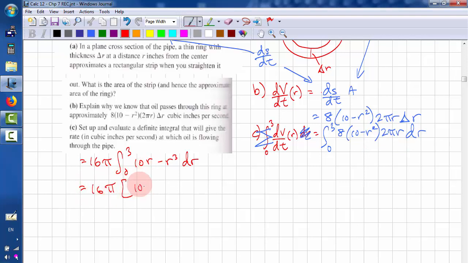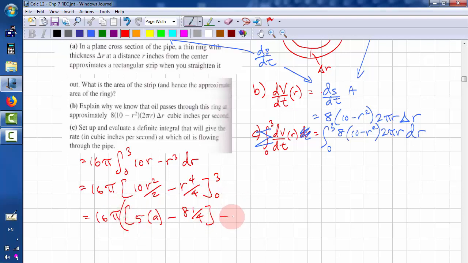Integral of this is 10 r squared over 2 minus r to the power of 4 over 4, and integrating from 0 to 3. We'll substitute this in. 16 pi, 5 r squared, that's 45, minus 81 over 4, and we subtract off 0.